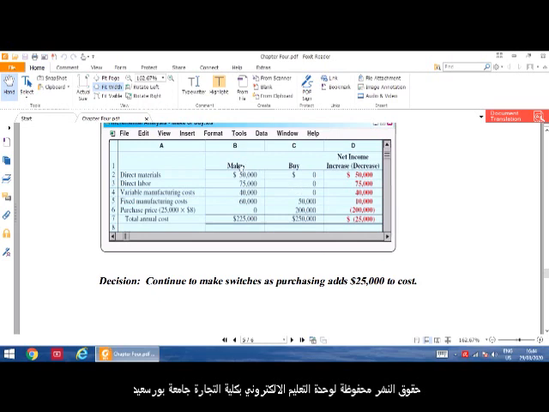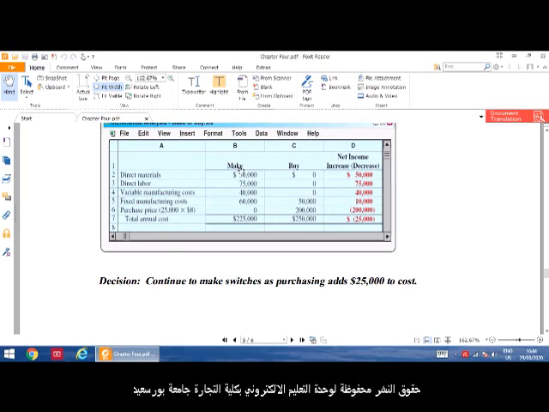Two alternatives: make and buy. The cost items are direct material, direct labor, variable manufacturing cost, fixed manufacturing cost, purchase price, and total annual cost.